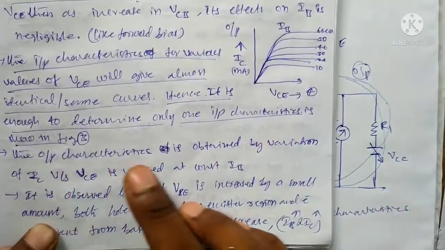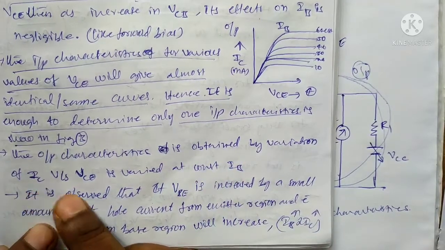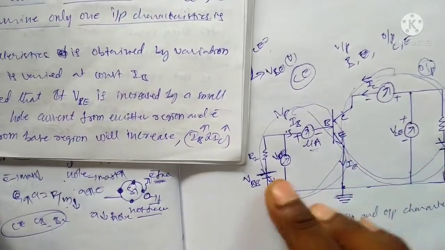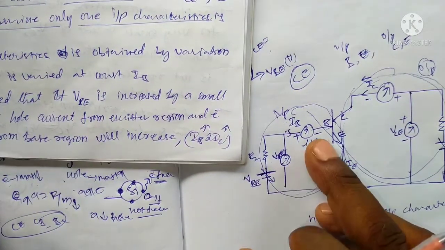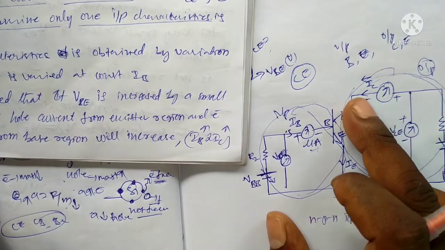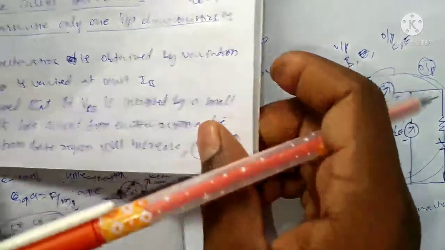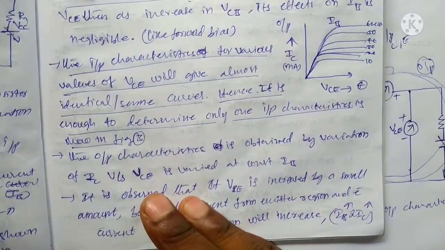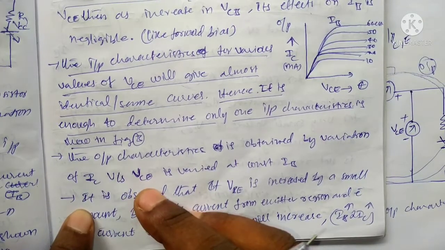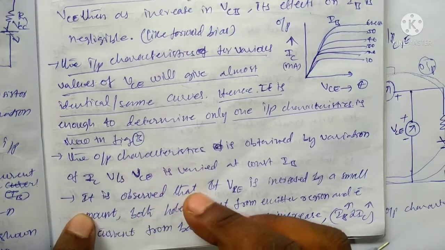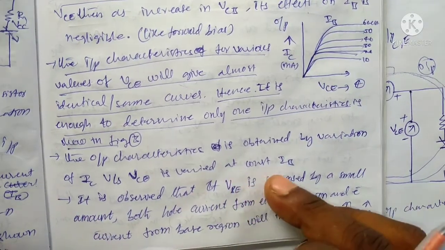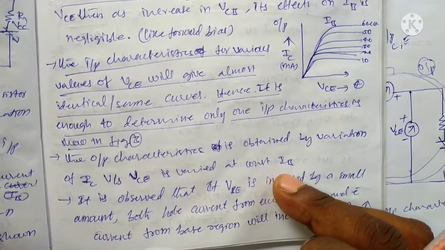The output characteristics are obtained by varying VCE and observing the collector current while keeping the base current constant. We study the behavior between IC and VCE, that is VCE versus IC.